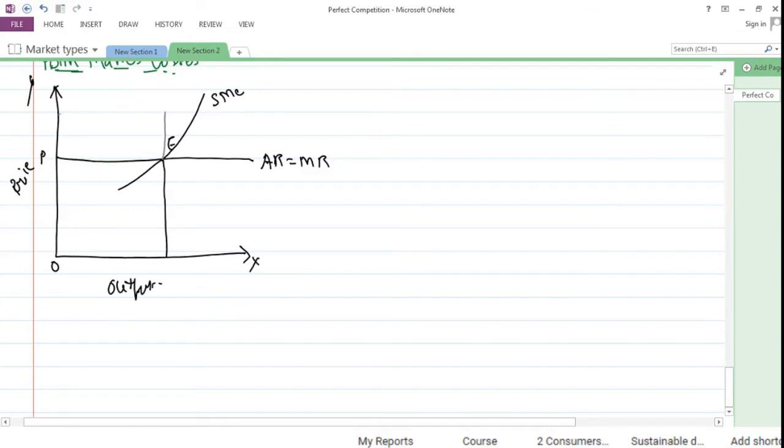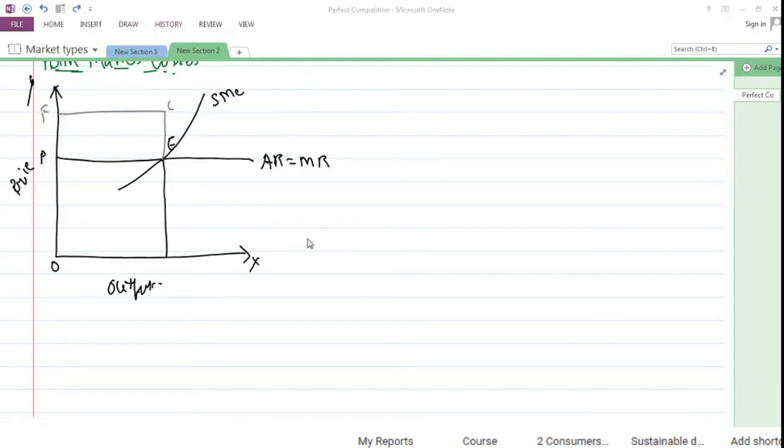So let's assume that this is the cost that it incurs in order to manufacture a product. This is its cost. So let's use a color in order to highlight it. Let's use this color. This is the cost portion that the firm has incurred. It has spent this much excess.